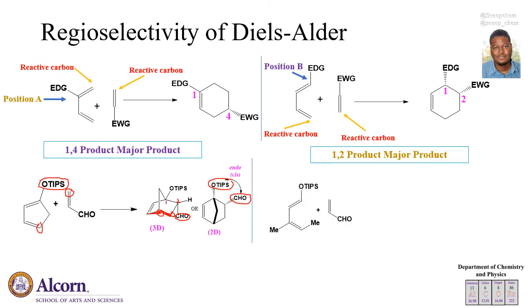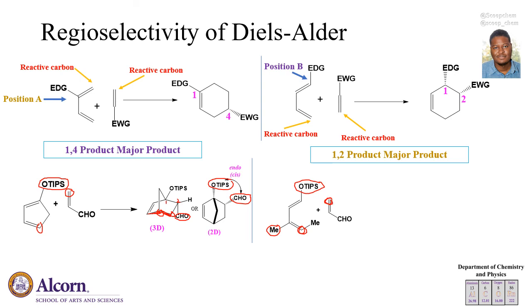So let's say I take this molecule. I have my TIPS at position B, which is an electron donating group, and I also have a methyl group, which is an electron donating group, at position A. Both of these substituents are pushing electron density here, and the carbon at the end of our dienophile is also reactive.